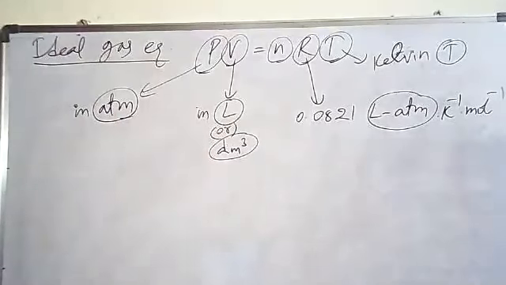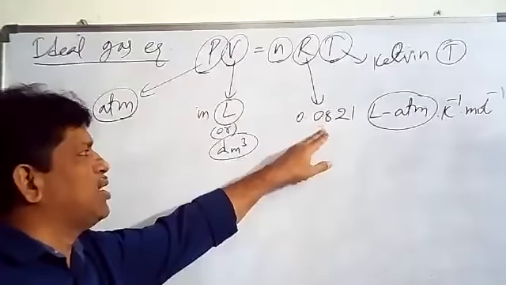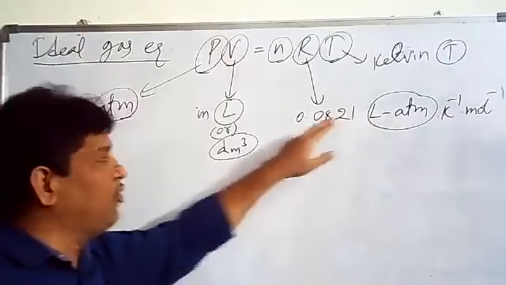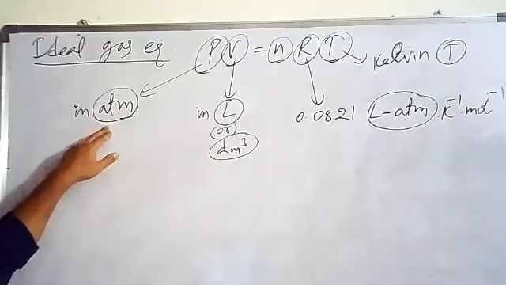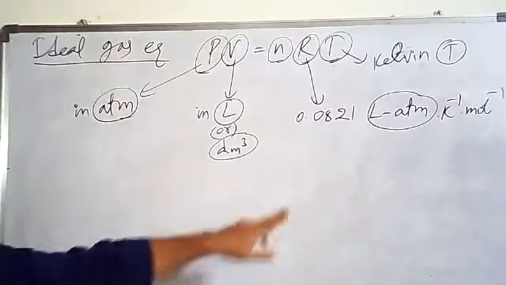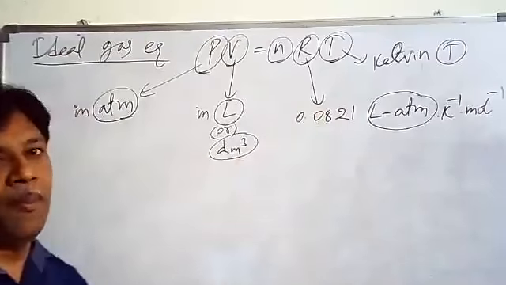When we use this R value, it is important to understand: when we use 0.0821 liter atmosphere, pressure is in atm and volume is in liters. Only in this condition do we take R as 0.0821.